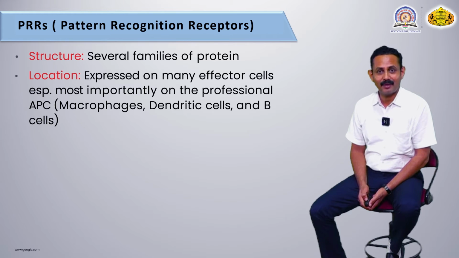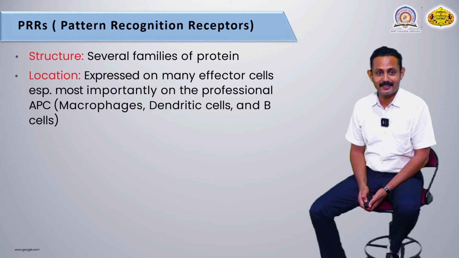Due to that, effective, powerful destruction of that antigen takes place. Majorly macrophages, dendritic cells and B cells act as antigen presenting cells.